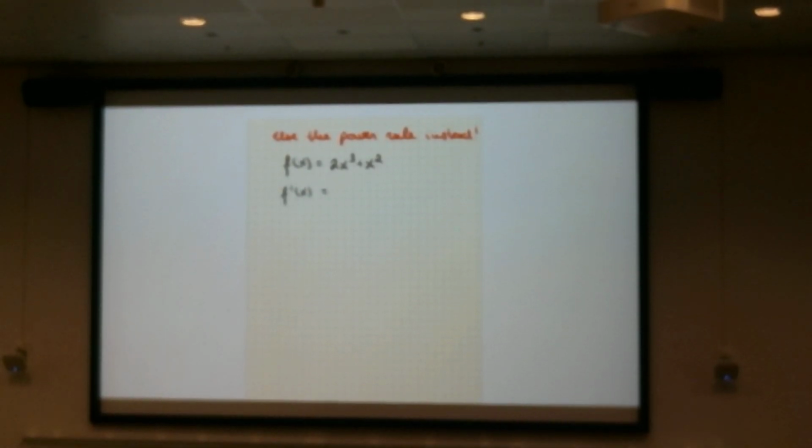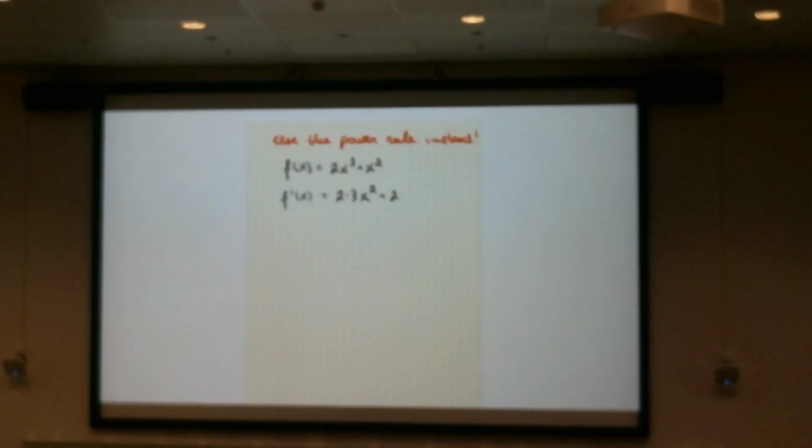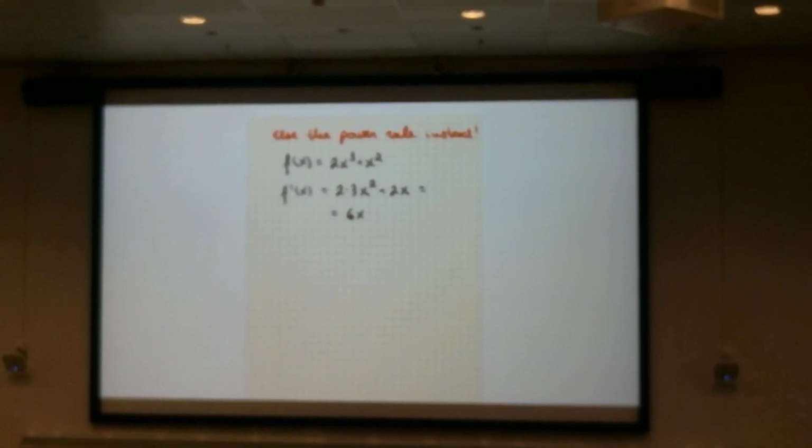So here we use 2 times 3x to the power of 2 plus 2x. So these are just individual derivatives. Like this. Okay? So it's much simpler.